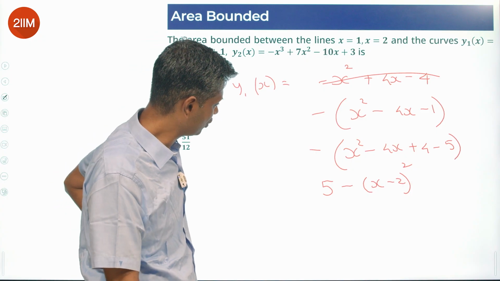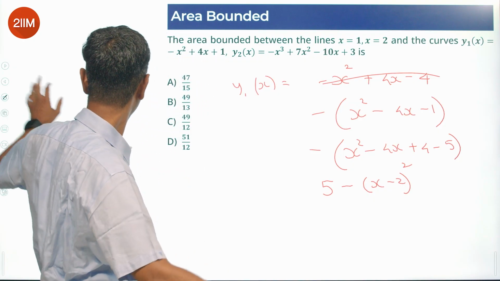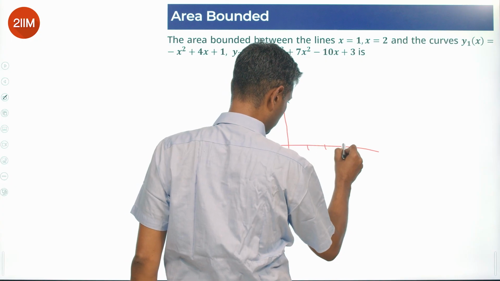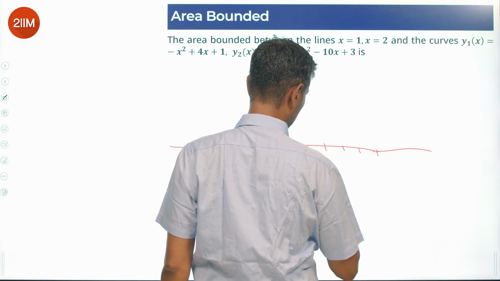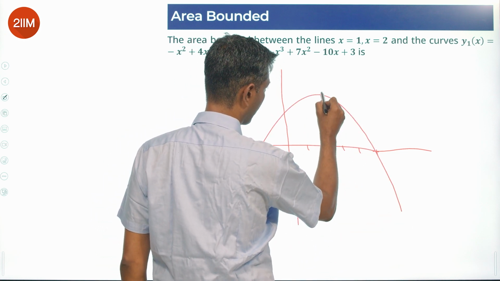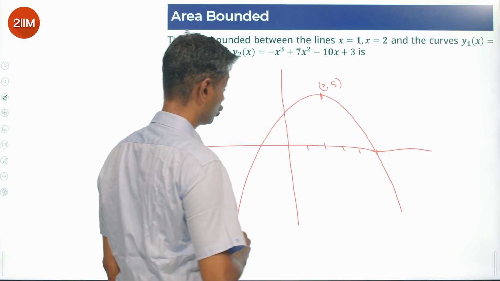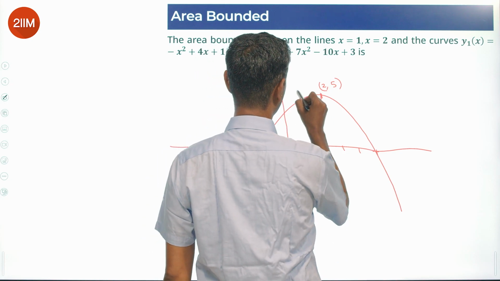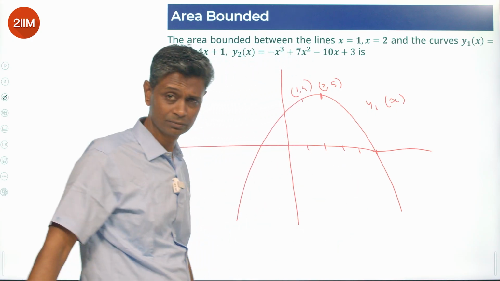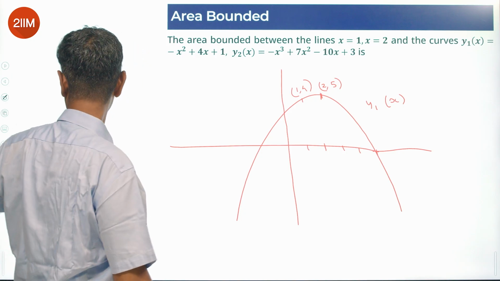When x is 1, the value is 4. I can draw this curve. I can imagine this. So what I'm going to do, 5 minus (x minus 2) the whole square. Put x equal to 1, 2, 3, 4, 5. At x equal to 2, (x minus 2) whole square will be 0, and 5 minus that will be like that. This is 2 comma 5. When x is 1, this is 1 comma 4. This is y1 of x. And when x is 0, (x minus 2) whole square is 4, so 0 comma 1.